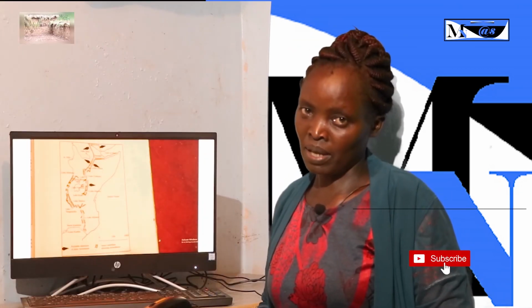Faulting may lead to the formation of an escarpment, which triggers mass movement, and that might be very dangerous to people. Were it not for the formation of the escarpment, we would not have such things as mass movement. So that one can also be a factor.